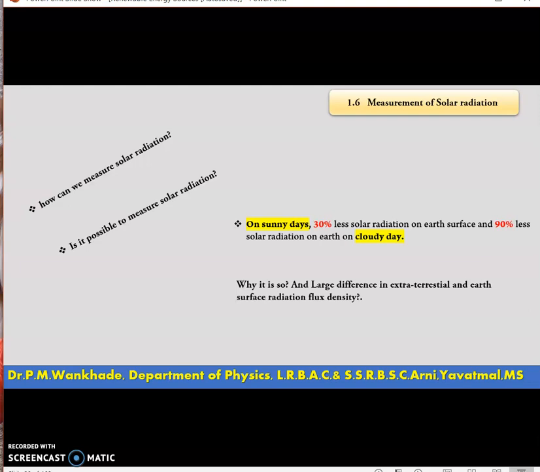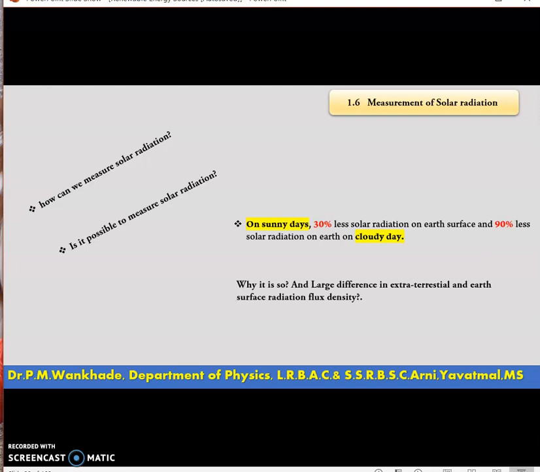The answer to this question is quite simple. In extraterrestrial space, there are no absorptive particles, vapors, or other things, so the flux density is 100%. Whenever solar radiation comes into the Earth's atmosphere, it gets absorbed, scattered, reflected, or transmitted, as the atmosphere consists of cloud, dust particles, molecules, etc. All these processes result in reduction of the energy flux density.